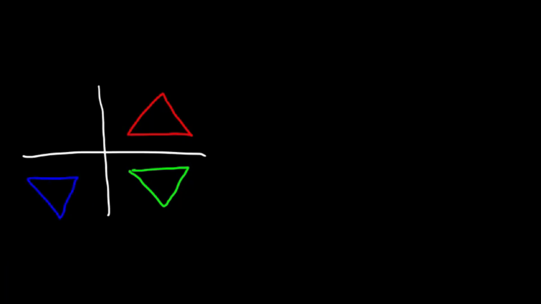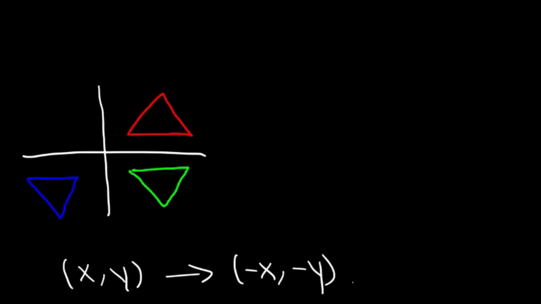Now, when you want to reflect an image or figure about the origin you need to multiply the x and the y value by -1. So this is going to change to -x, -y. So here's another example. Let's say if we have a figure that looks like this, and it's in quadrant 2.